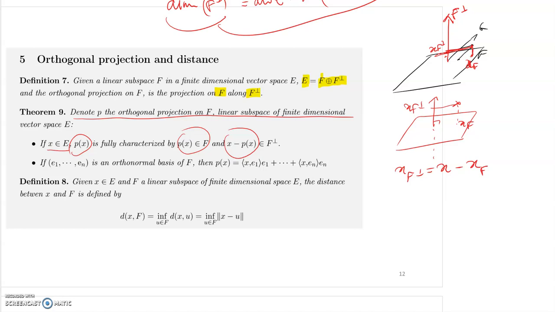What changes here in contrast with the idea of projections that we had before is that this is uniquely defined just simply because any X that belongs to E can be described uniquely as one X_F and one X_F orthogonal, and as this is a direct sum, this is unique.